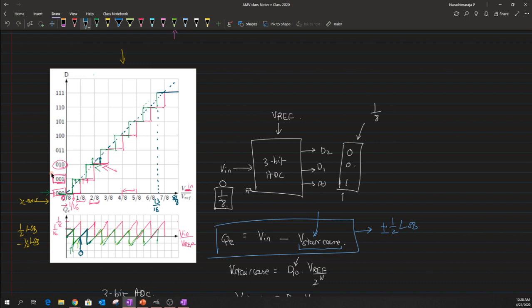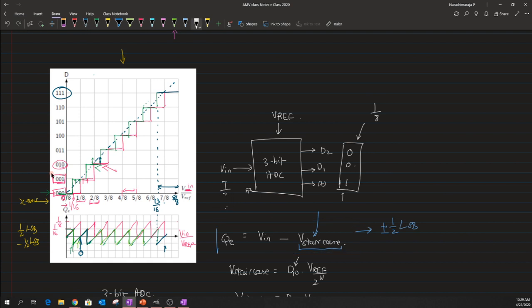So you can see that there is a range of input voltages being mapped onto a single value of 111. And the quantization error that happens because of this can be reflected on this particular line. You can see that I have moved in the negative direction, and the moment I reach a value of 7 by 8, the corresponding output is supposed to be 111, and the data is equal to 111.